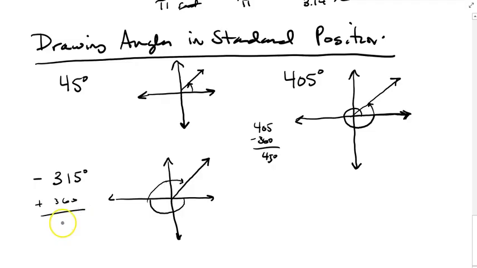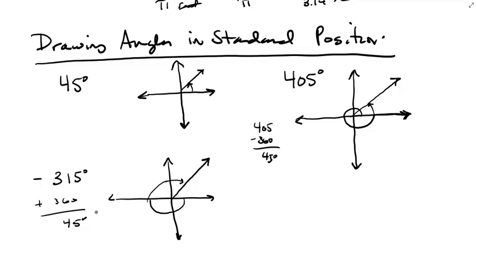If you add 360 to it, you will see you get a 45 degree angle. So negative 315 and 405 are both coterminal with that 45 degree angle. But when you have to draw the angle in standard position, you can tell by the pictures, they all look very different. So it's very important on exams that you draw these angles very carefully.